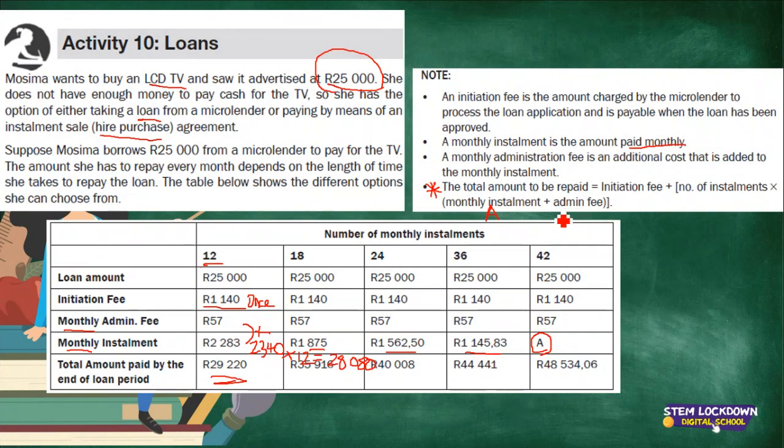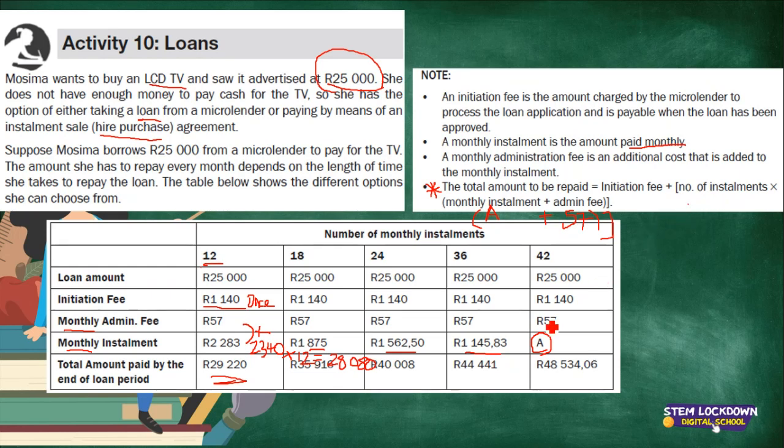How much is it, Lenas? Yes, it is 57 rand. So plus 57 rand. I'll just open a bracket. And then the number of installments.